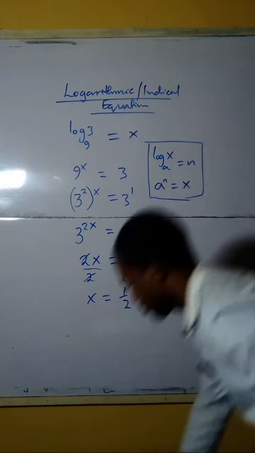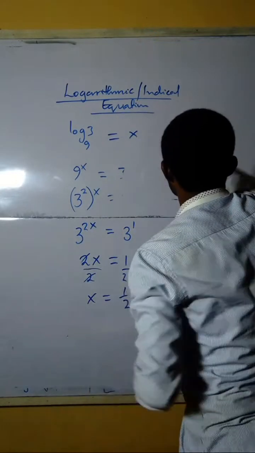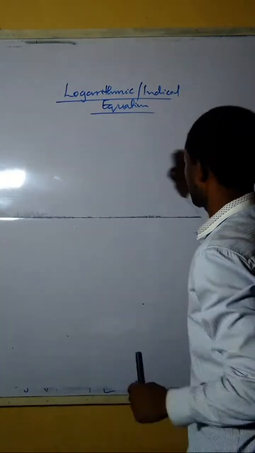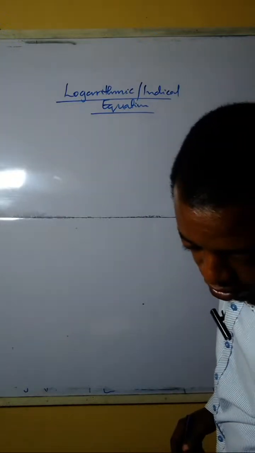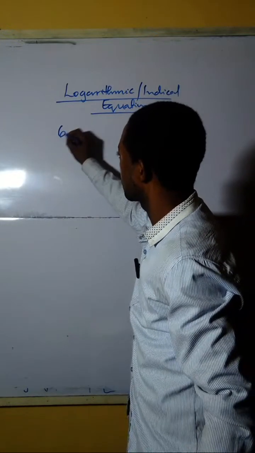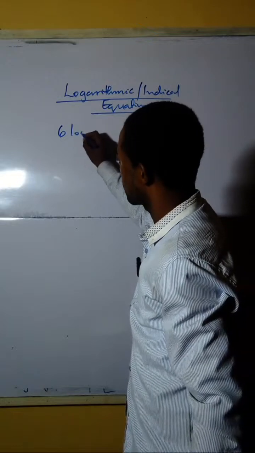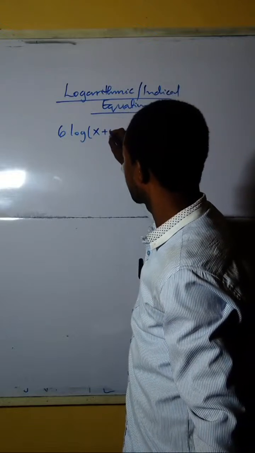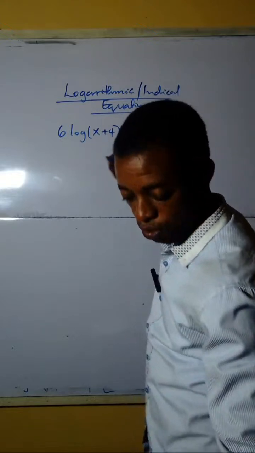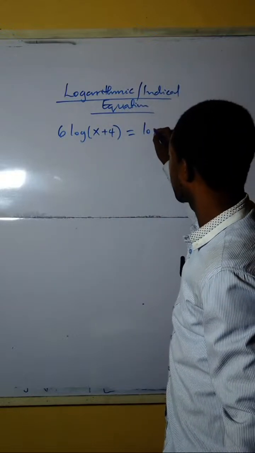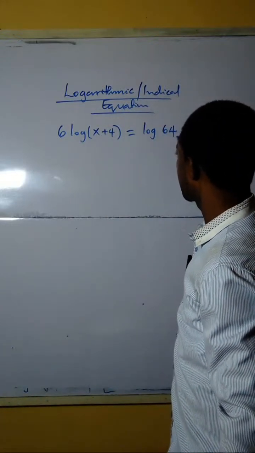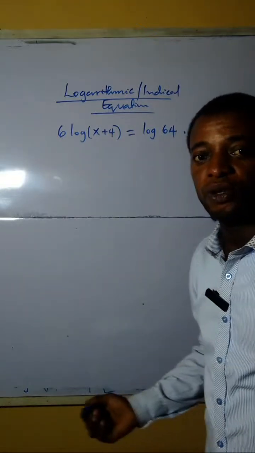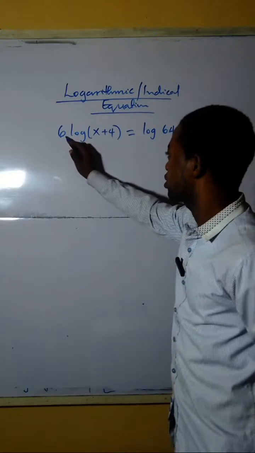We have 6 log (x plus 4) equals log 64. Now, to solve this equation involving logarithm, we can apply the law of logarithm here.